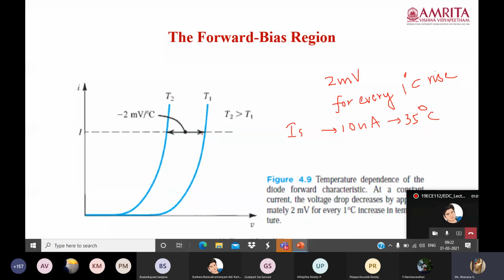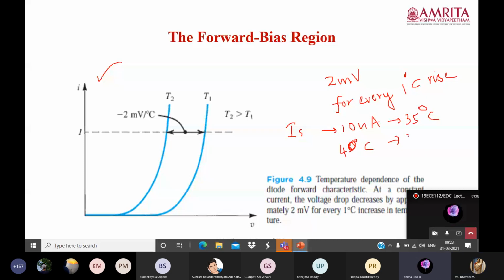Note it down. I have a question. In the forward bias region, IS at 35 degrees Celsius is 10 nanoamperes. Then tell me what is the IS value at 40 degrees Celsius?